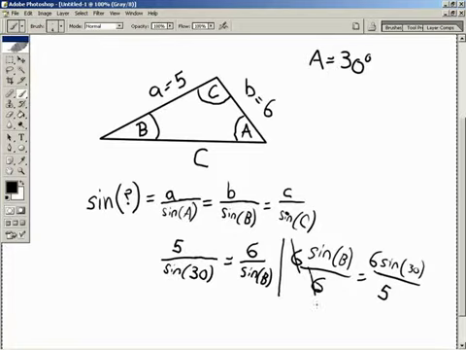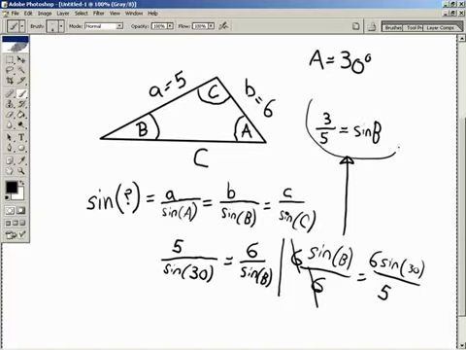Those cancel. So 6/5 times sine 30 gives 3/5. So I'm just going to put a big arrow and continue up here because I ran out of space. So we know that 3/5 equals sine B.